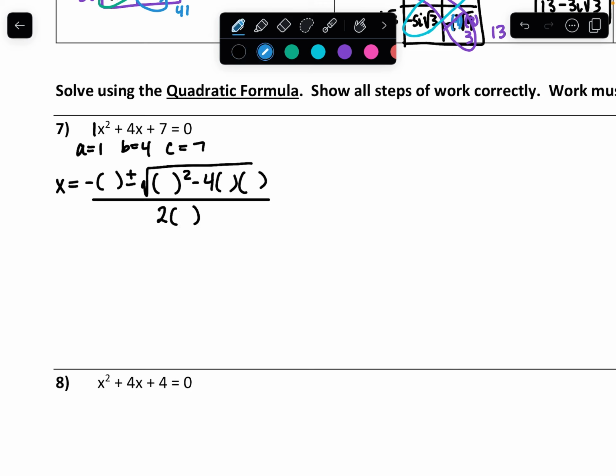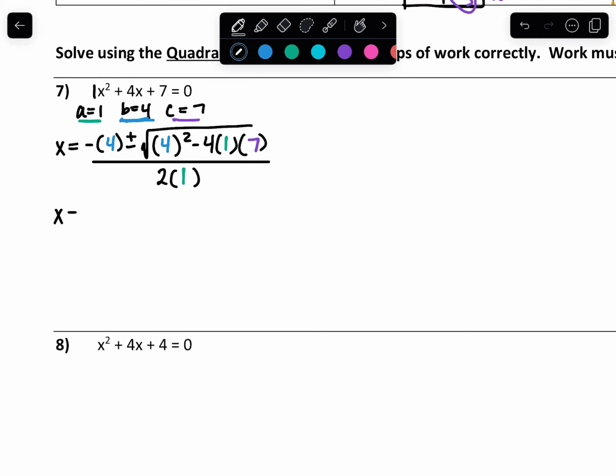2a. And so b goes in the first two blanks, a goes in the next blanks, top and bottom, and then c goes in the last blank.